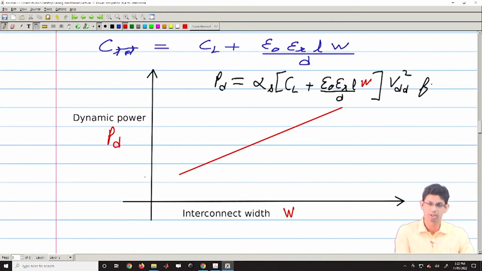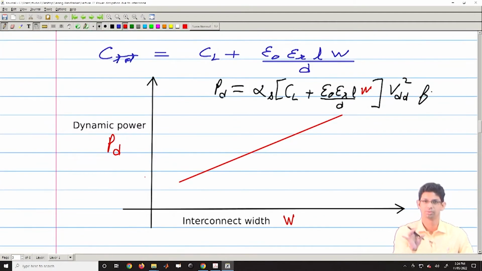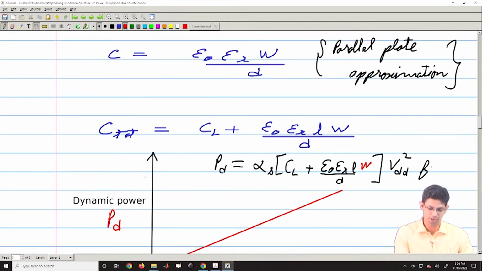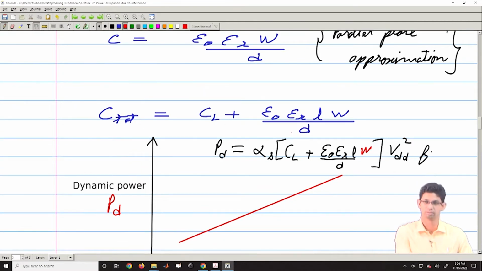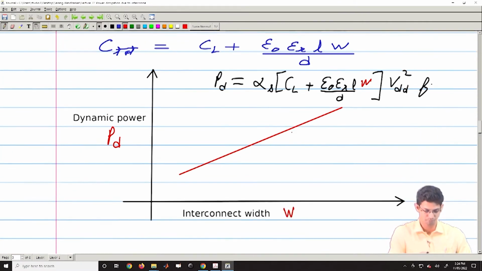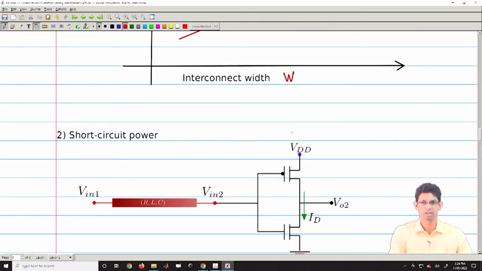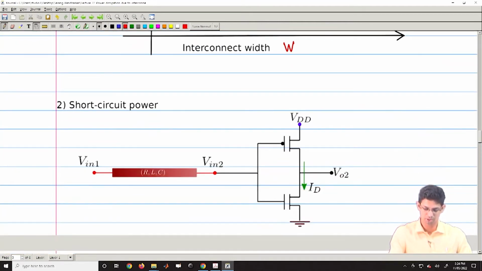In dynamic power, there was a component of power which was stored in the capacitance of your interconnect, and the resistance was also contributing to that charging, and so that power dissipation was there in the interconnect as well. However, if I look at short circuit power, it is mostly in your load device.